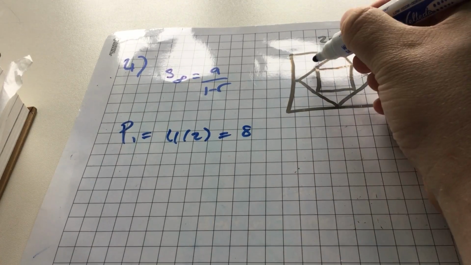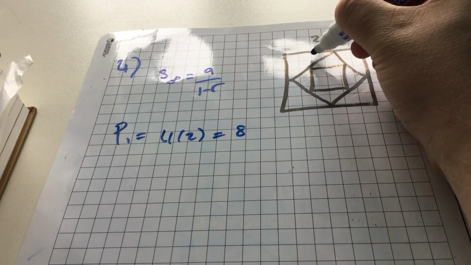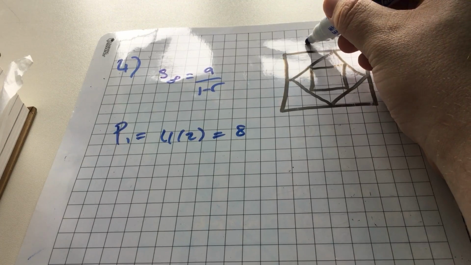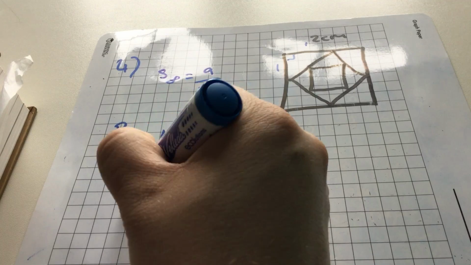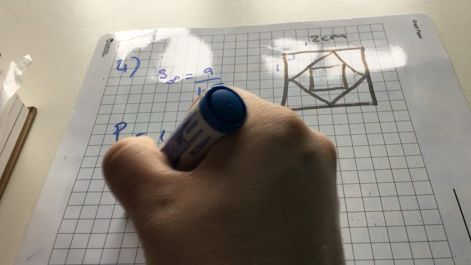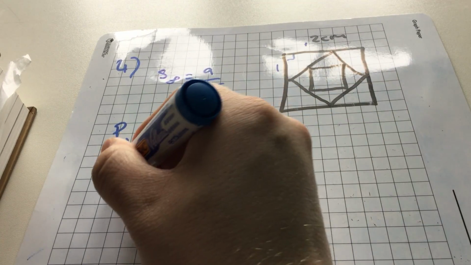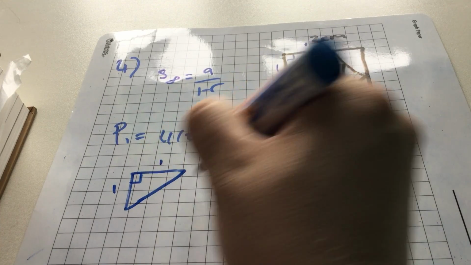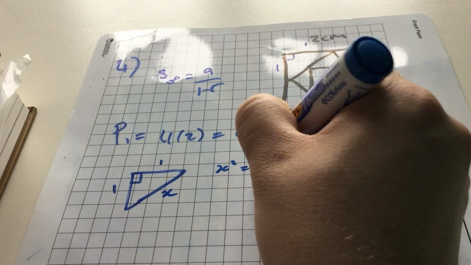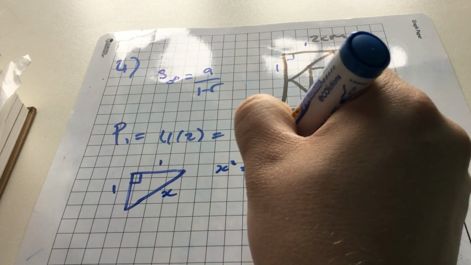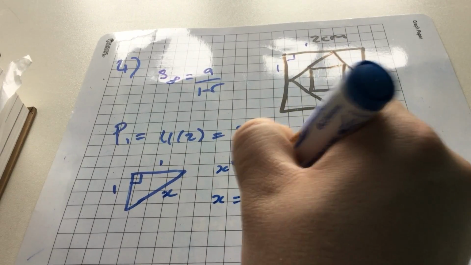Okay, for the second perimeter, well, this is length 1 and this is length 1, and that's a right angle. So if I draw that triangle there to find the length 1, 1, it's going to be root 2 using Pythagoras. Okay, x squared equals 1 squared plus 1 squared, which is 2. So x is root 2.